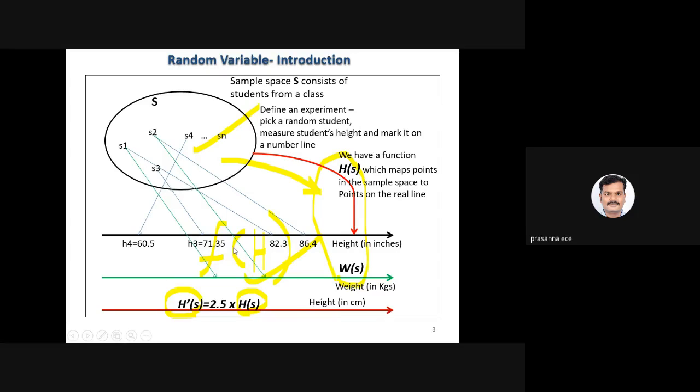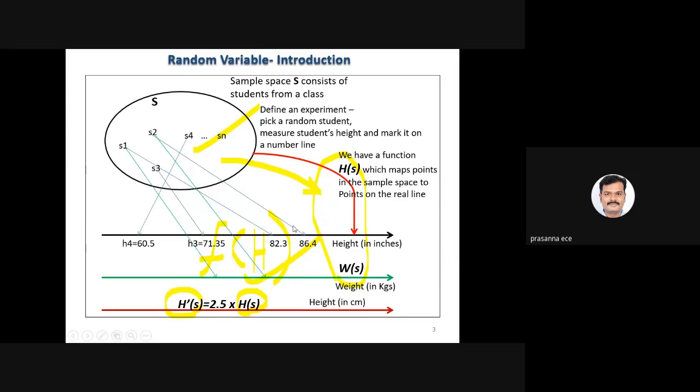Then you will be getting just the integer part. So 60.5 will become 61, 71.35 will become 71, 82.3 becomes just 82, and 86.4 becomes just 86. We'll be associating integer values with each student. That kind of mapping is called a discrete random variable.